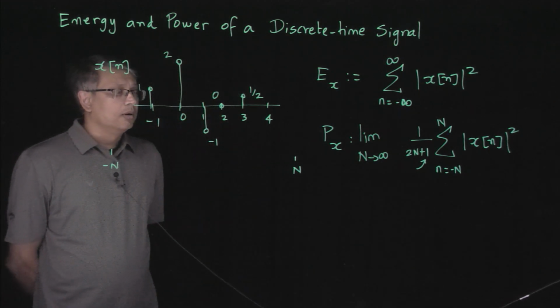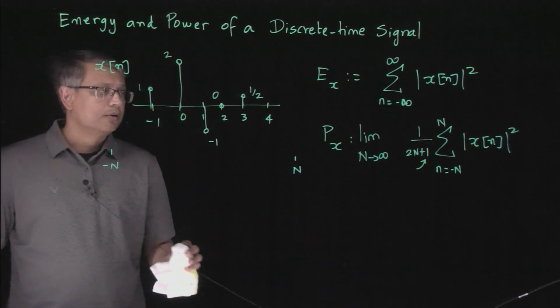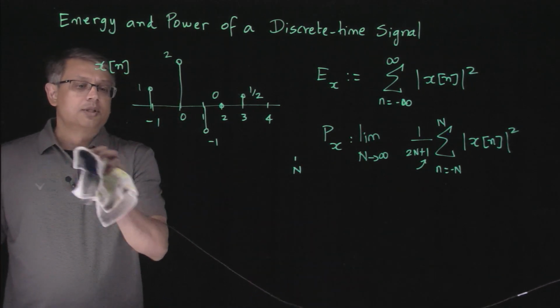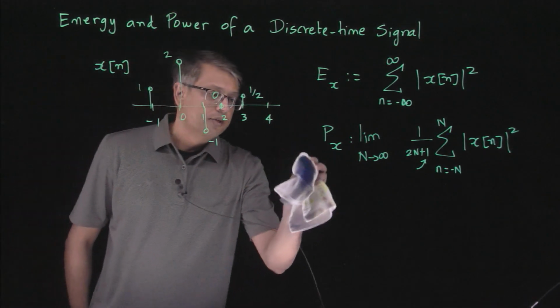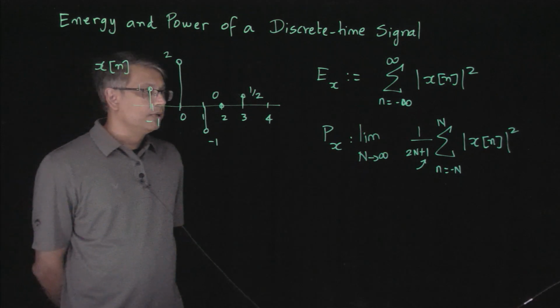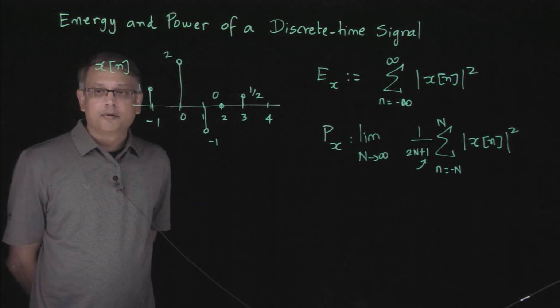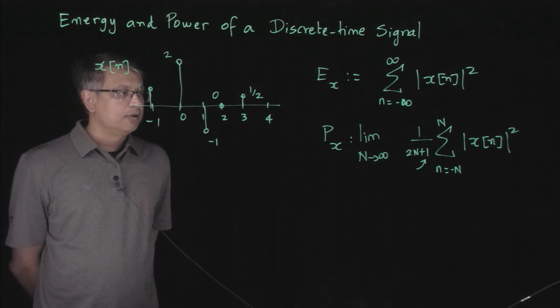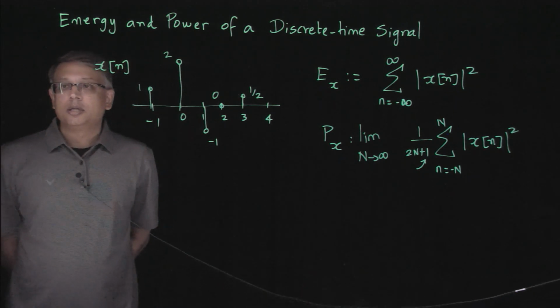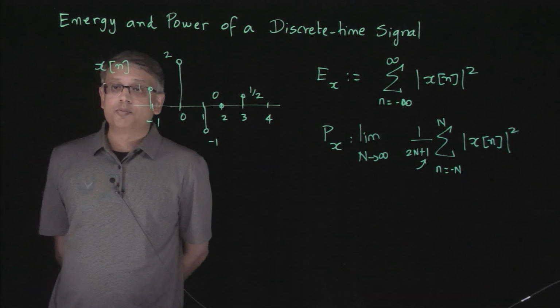Now, when I started defining the energy and power of a signal, we really used this idea of x of t being a voltage waveform, and we thought of the power dissipated across a 1 ohm resistor, and so on and so forth. But then later on I said that even though that's a good way to motivate the definition of energy, we are actually interested in talking about the energy of signals which are not necessarily voltage waveforms.